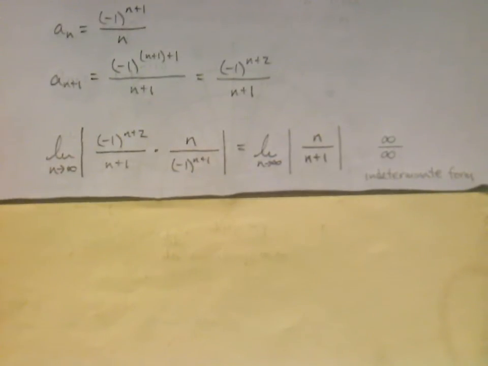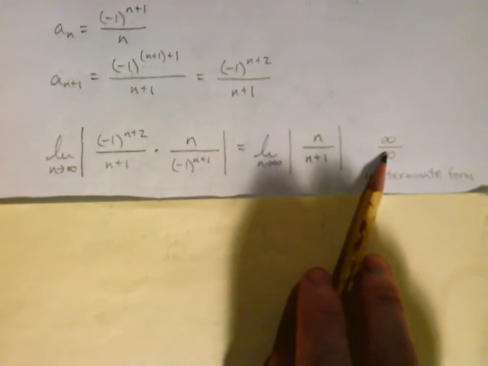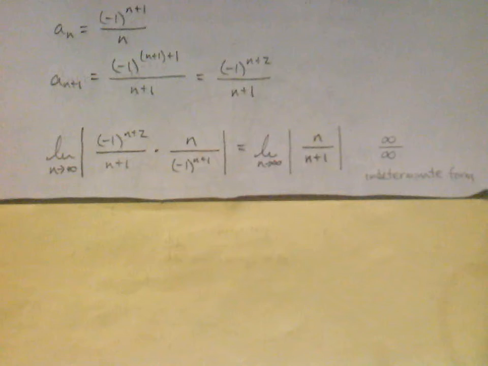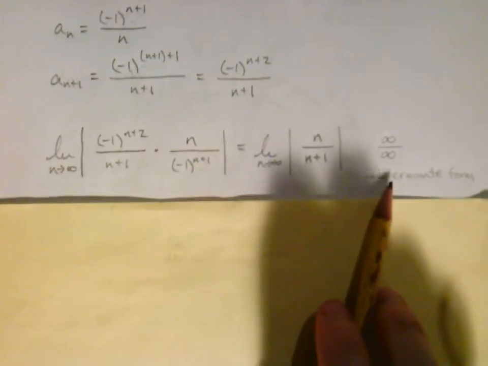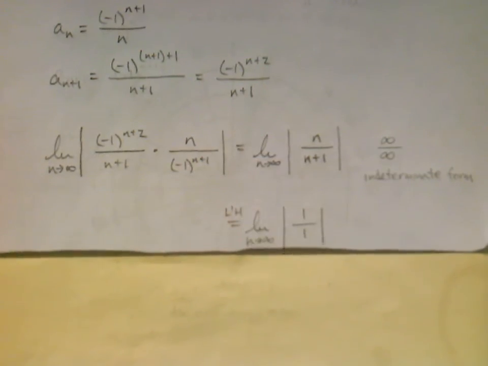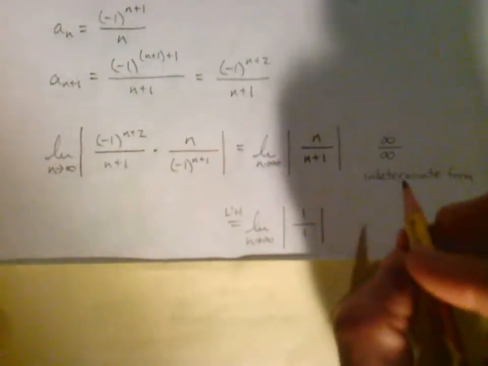We cannot determine the answer of infinity over infinity. We need some help. So this goes way back. I forget exactly when we did it, but it was toward the beginning of the semester. If you have an indeterminate form like infinity over infinity, you need L'Hopital's rule.